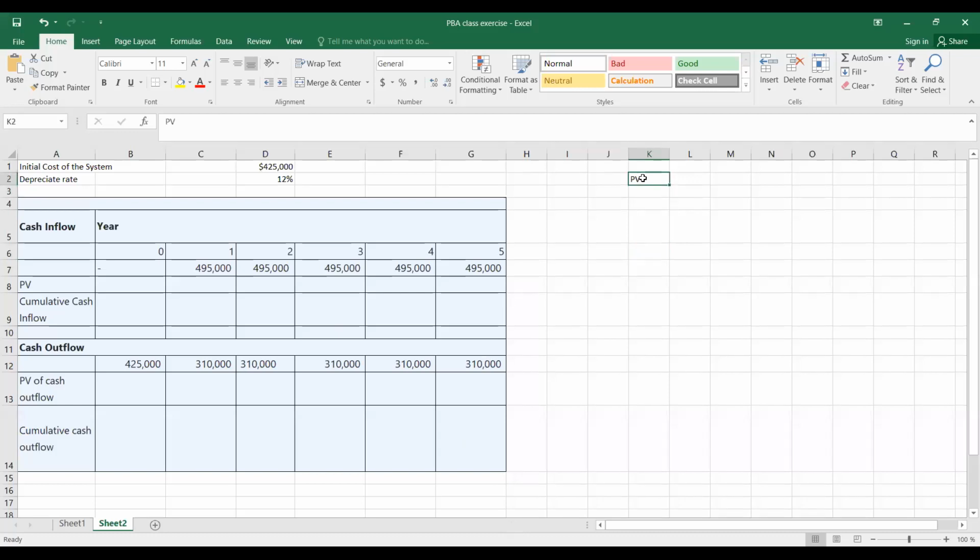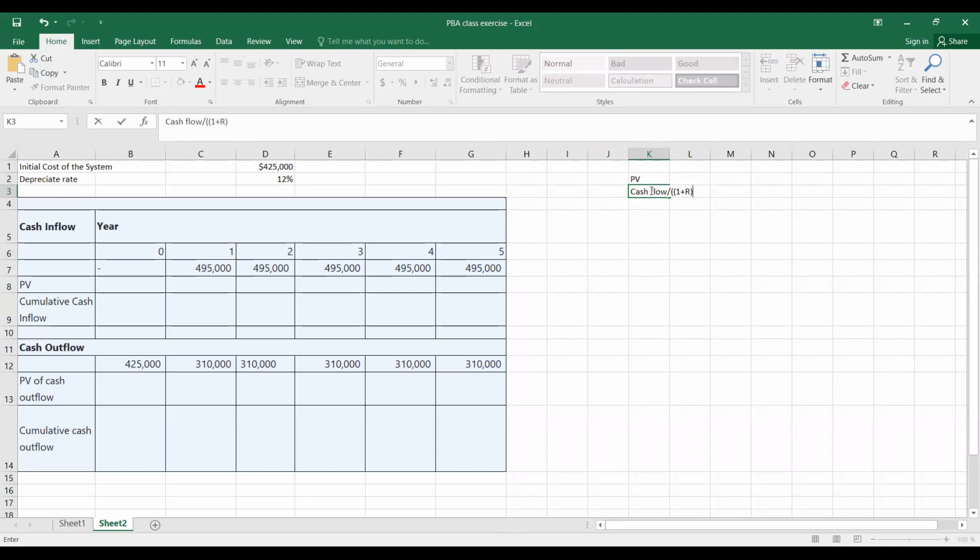So first of all, we will go and try to find out the present value. To calculate the present value, the formula is cash flow divided by open bracket. In fact, let's have 2 brackets. Why 2 brackets? I'll just tell you in a while.